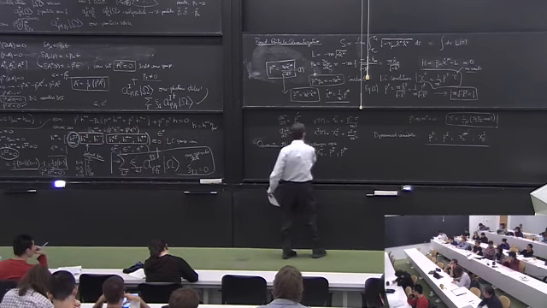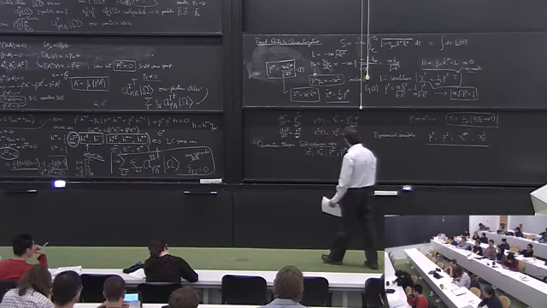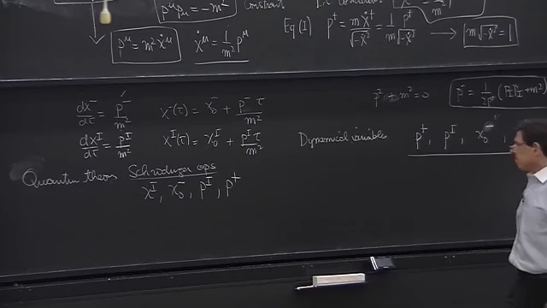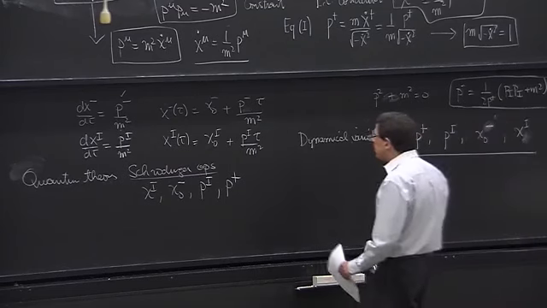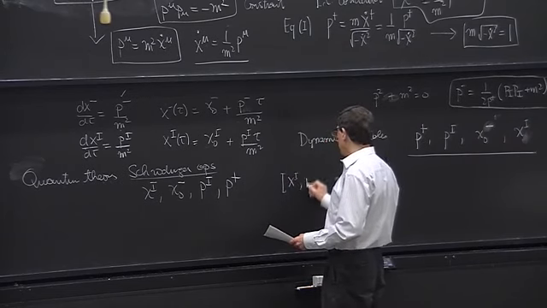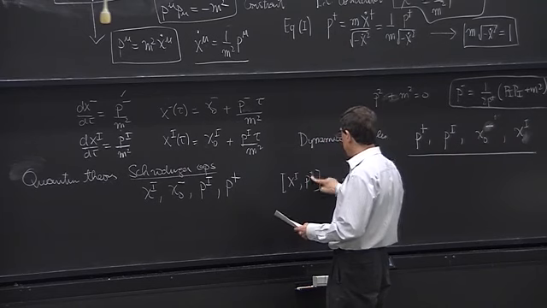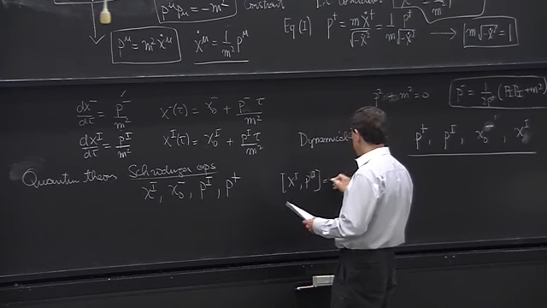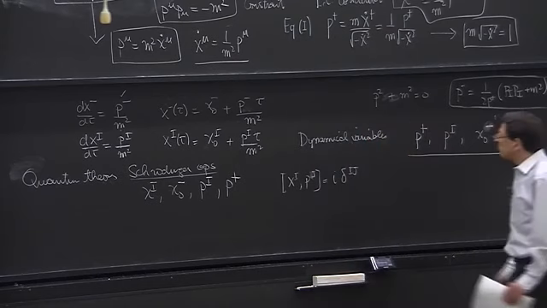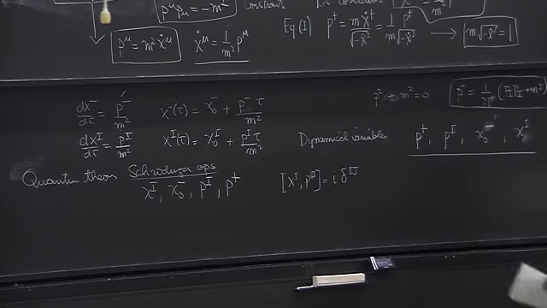We're going to start with these Schrödinger operators, and we need to state commutation relations. Now, it's natural to state that x i with p j will be i delta ij. Seems pretty reasonable.